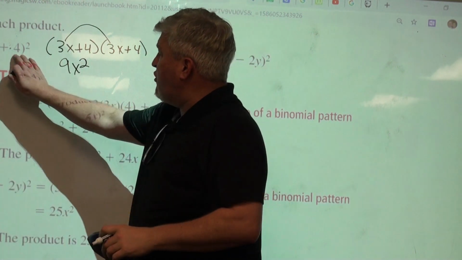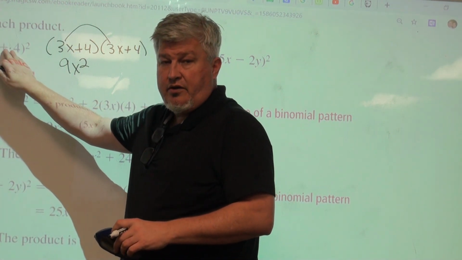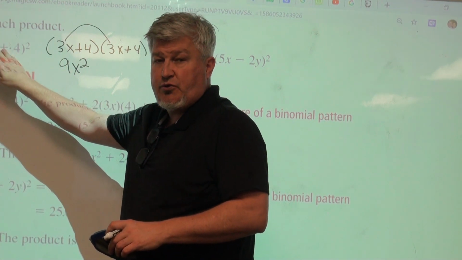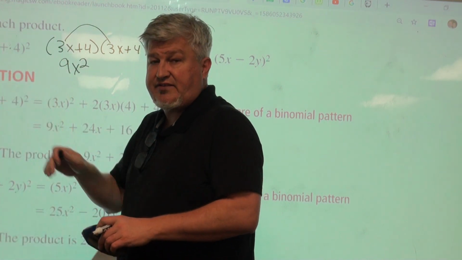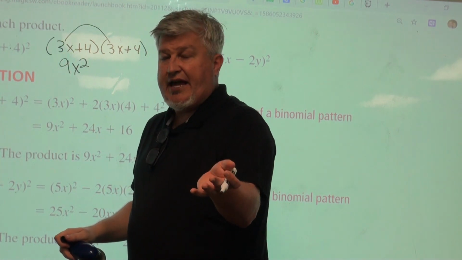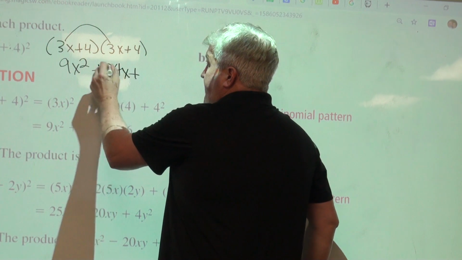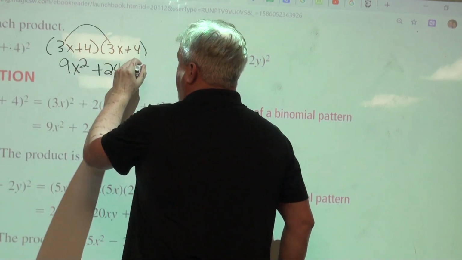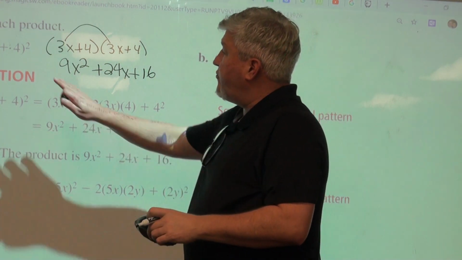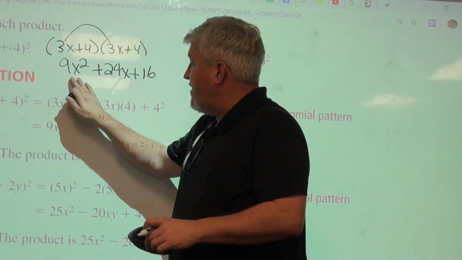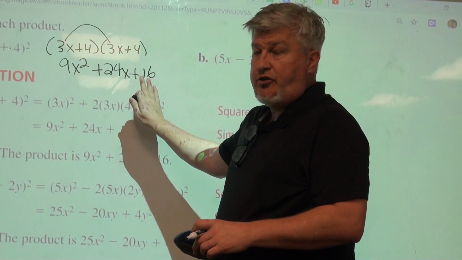And then multiply the two terms together. 3x times 4 is 12x, and double it. Multiply it times 2 becomes 24x, and then just square the last term, 16. So 3x plus 4 squared is 9x squared plus 24x plus 16, you're just doubling it.